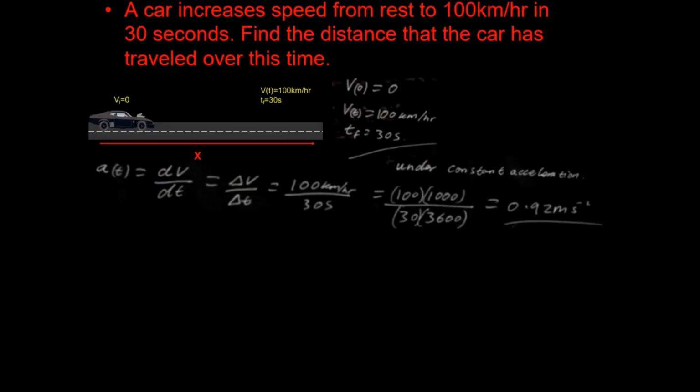Once again, converting, 100 times 1,000 will take us to meters, and 30 times 3,600, 60 times 60 here, will take us into seconds, essentially converting this into the same units in both seconds. This will give us 0.92 meters per second squared.